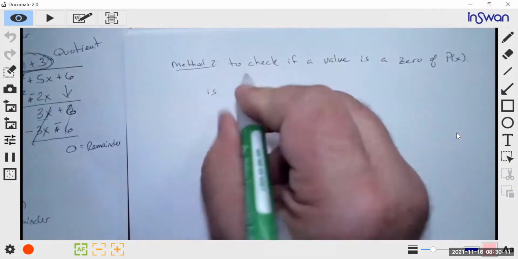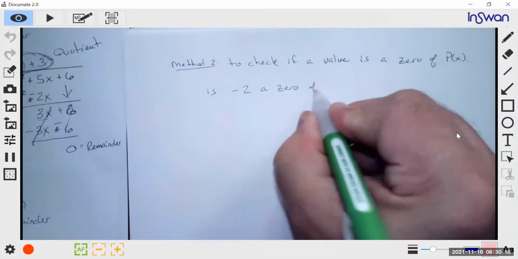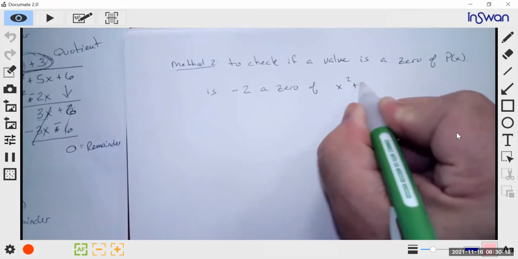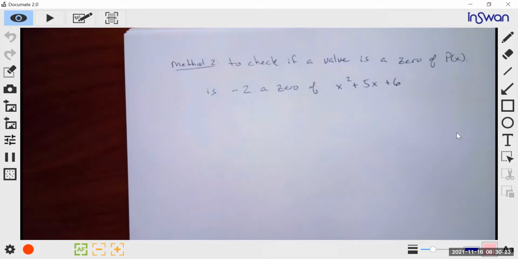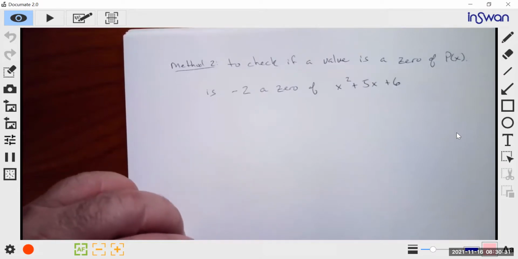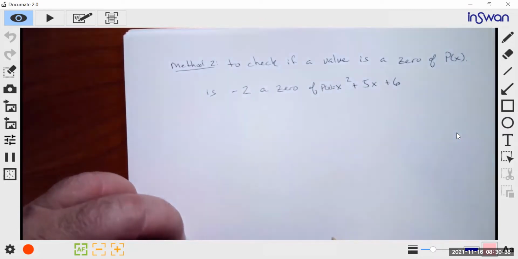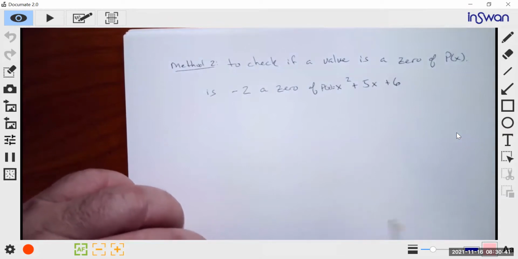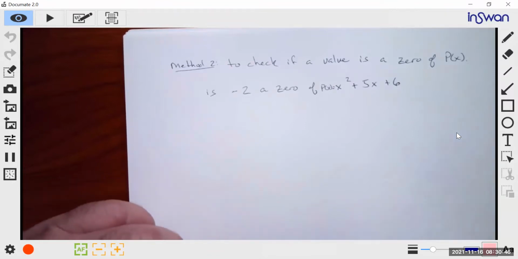So, is negative 2 a 0 of x squared plus 5x plus 6? Remember, this is what P of x is. Okay, don't do anything yet because I'm gonna show you another method.